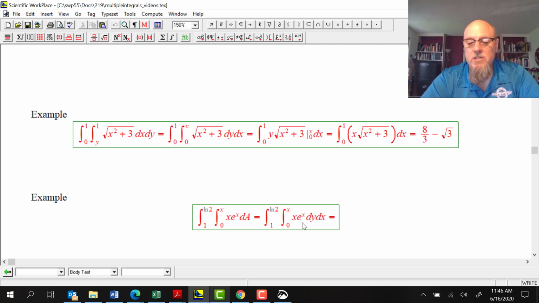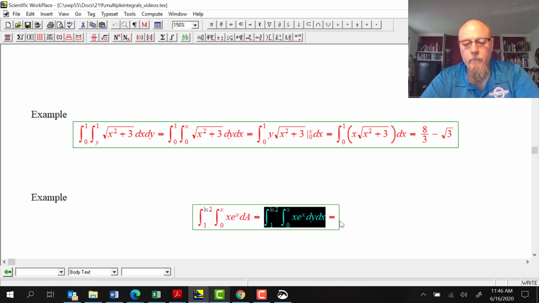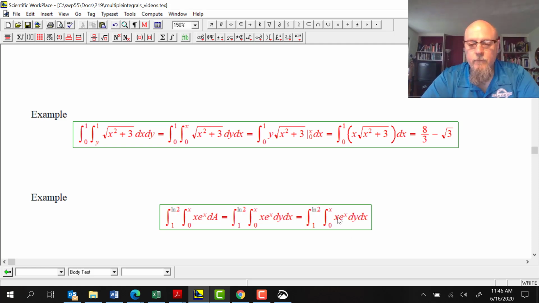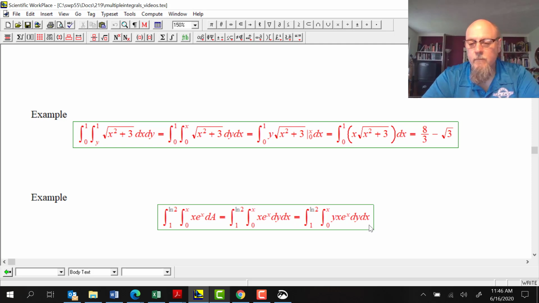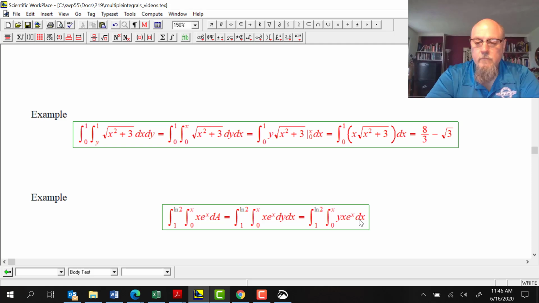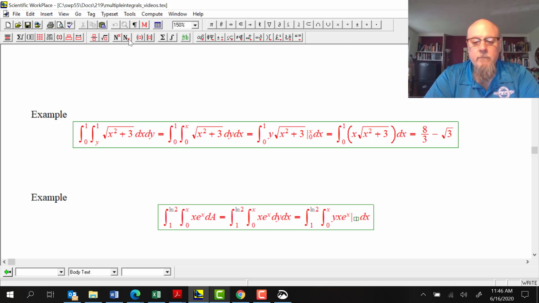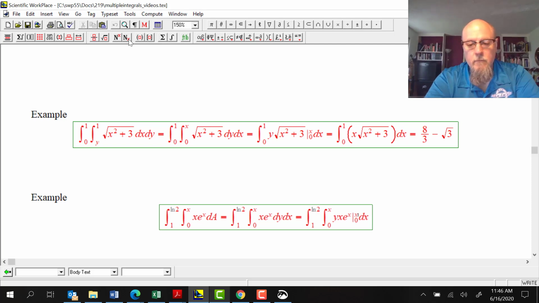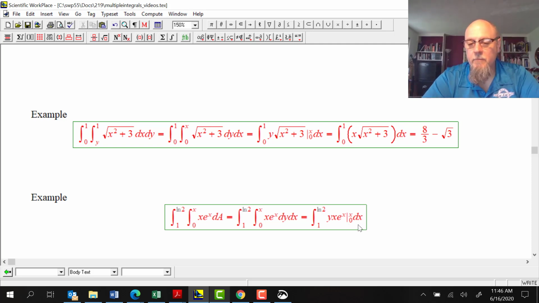So when we do our integration, I'm integrating this expression with respect to y first. So it's a constant with respect to y. And now it's going to be for y, subbing in the top minus subbing in the bottom.